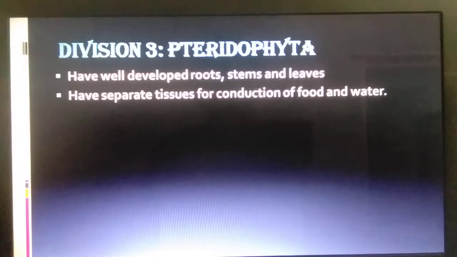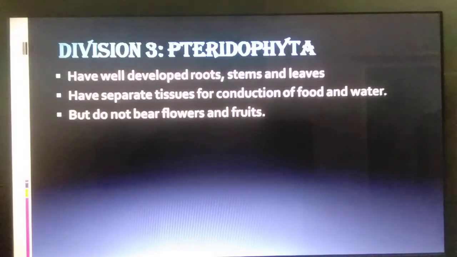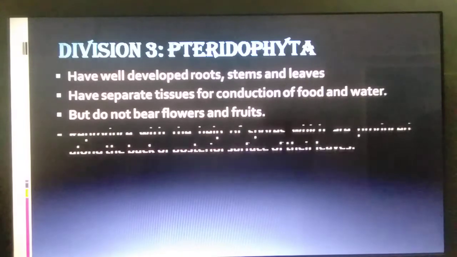Therefore this is another evolutionary character, separate tissues for conduction of food and water. But here again it is not highly evolved. Why? Because it does not have any flower or fruit, only stem, roots and leaves and tissue for conduction of food and water. Fine.